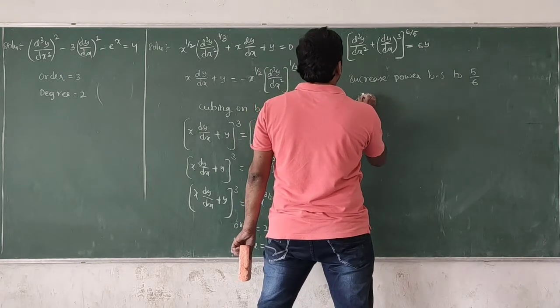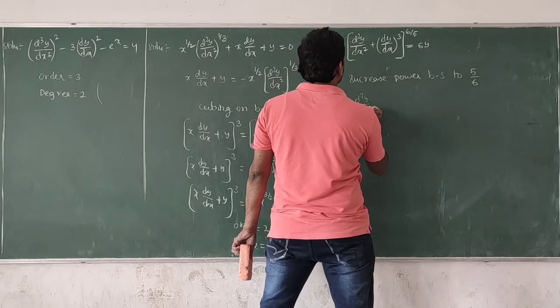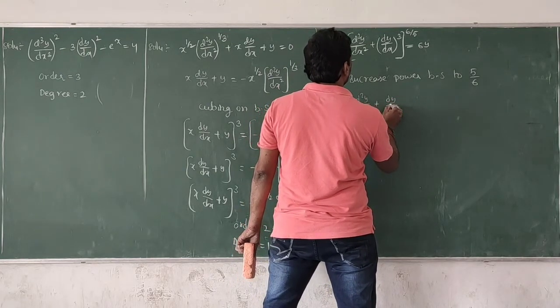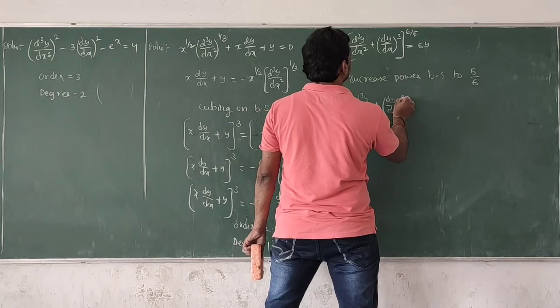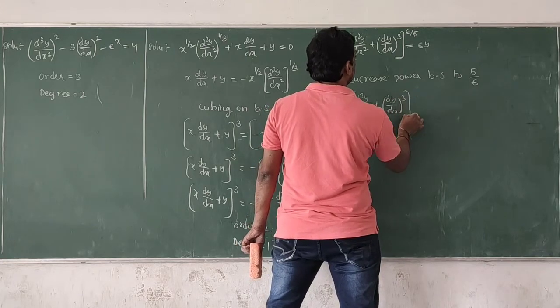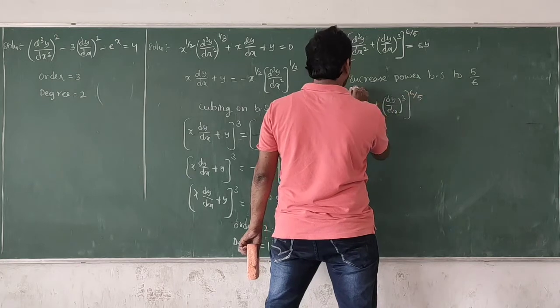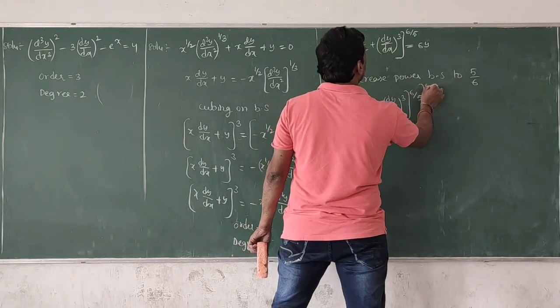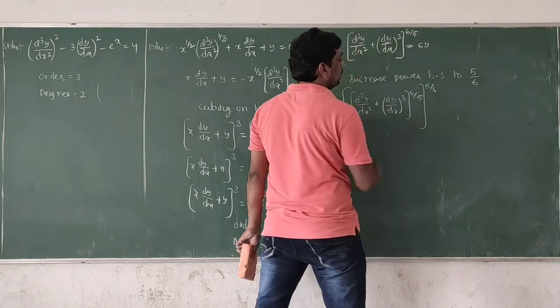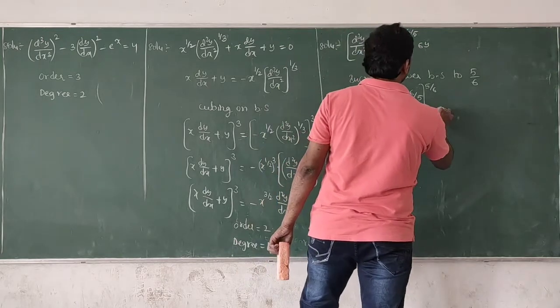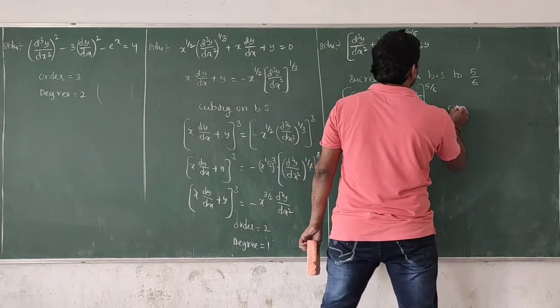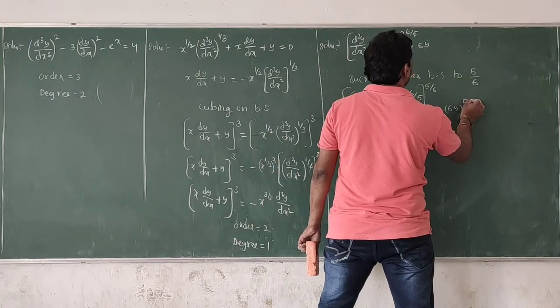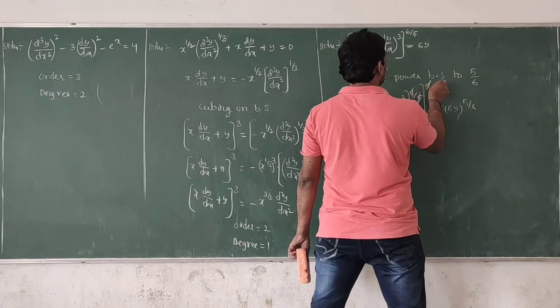That's why (d square y by dx square plus dy by dx whole cube) whole power 6 by 5, whole power 5 by 6. In order to cancel this power, we raise both sides to the power 5 by 6, 6y whole power 5 by 6. Now 5 cancels, 6 cancels.